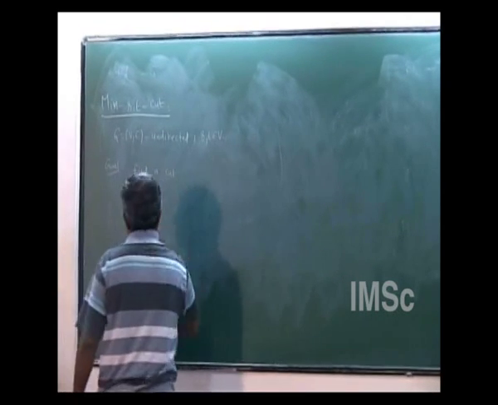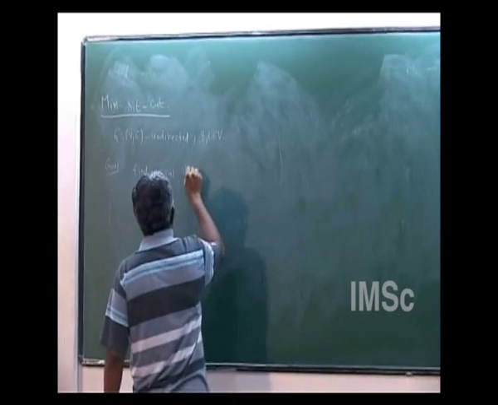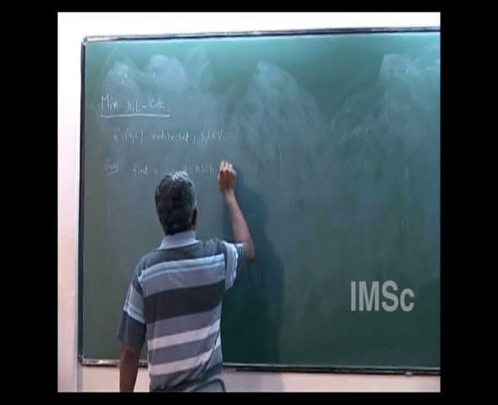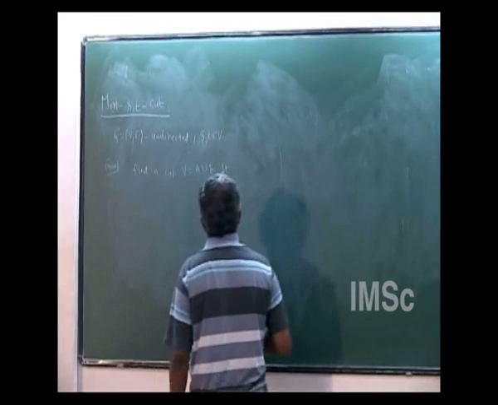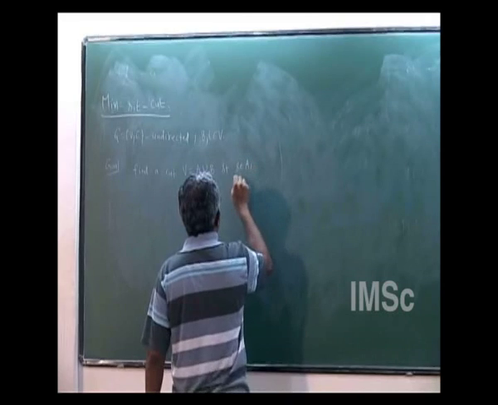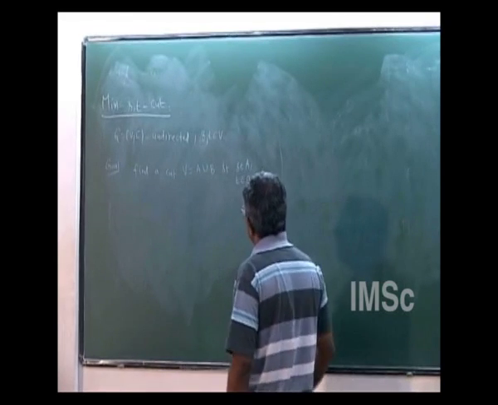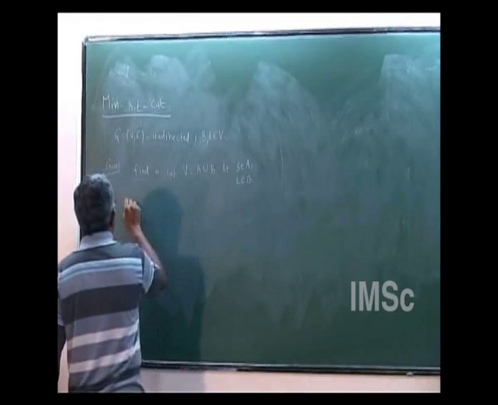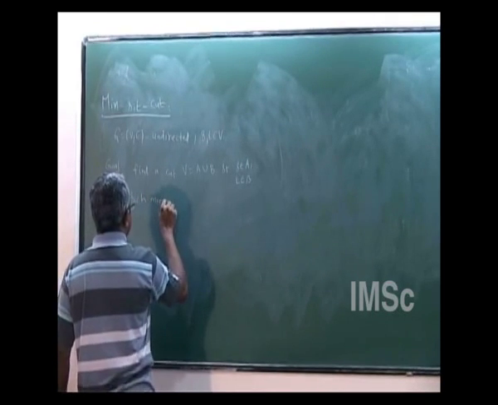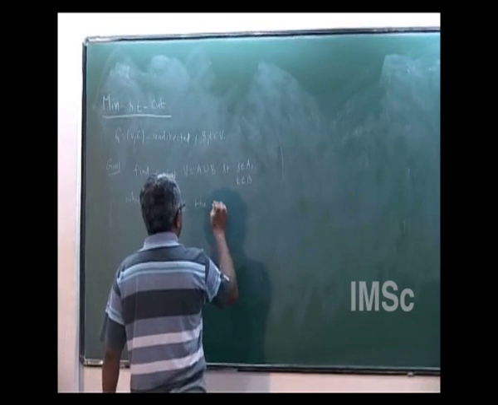By a cut we mean a bipartition of the vertices, such that S is in A and T is in B, and which minimizes the number of edges.